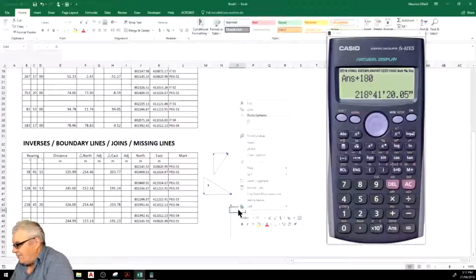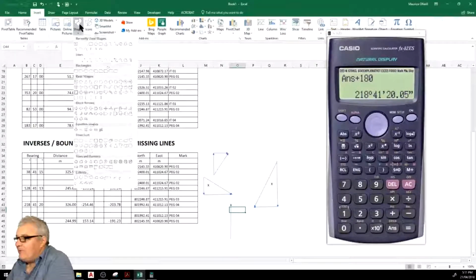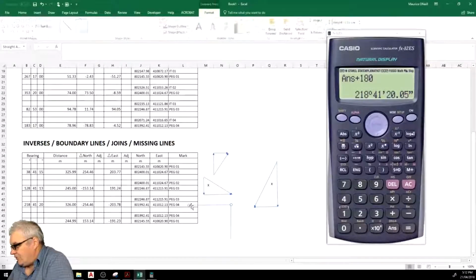Okay, and then we're going to go west, and we're going more west than we are north. So insert shapes. So we want to go more west. I'll just put that right over there like that.